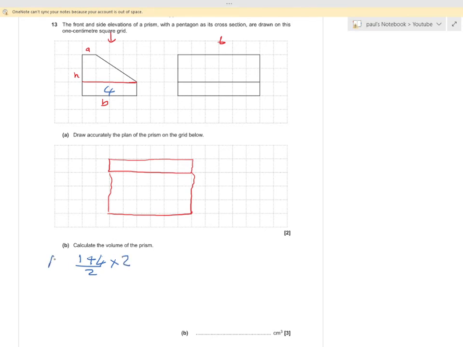This is trapezium. So it's 5, 2.5. So that equals 2.5 times 2, which equals 5. And then we've got 5 plus the 4, that little bit along the bottom. So that one's 5. And then we've got 9. And then we go 9 times the 6 there for the width is 54.